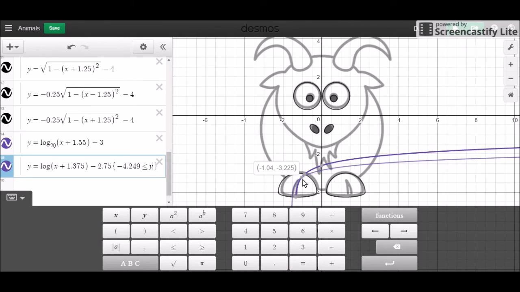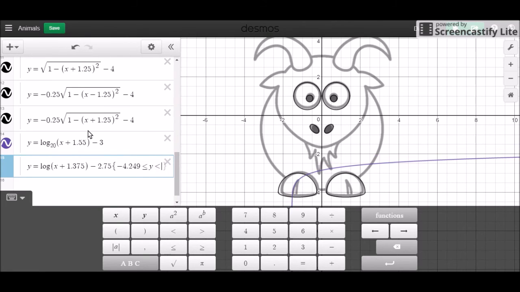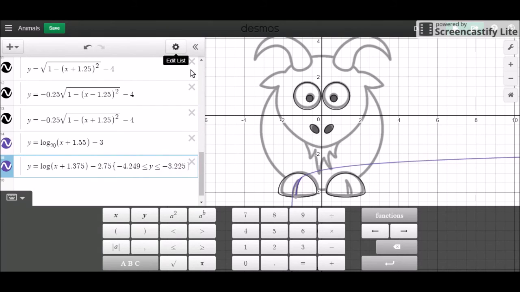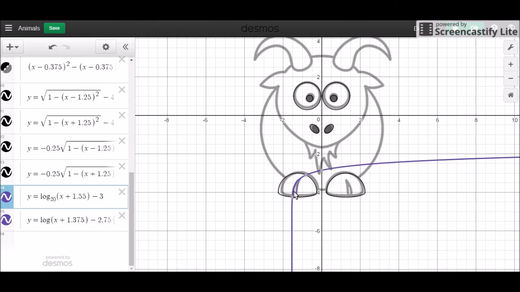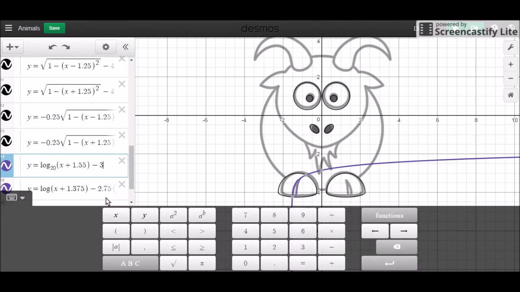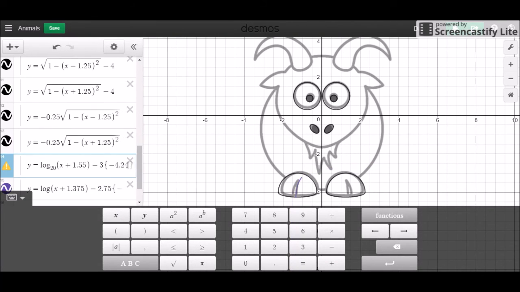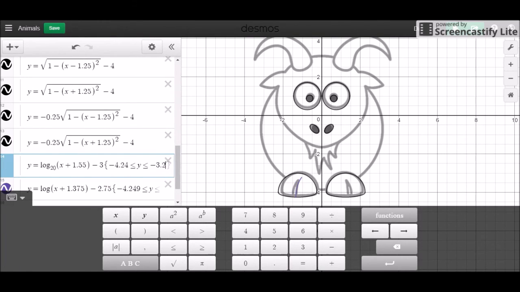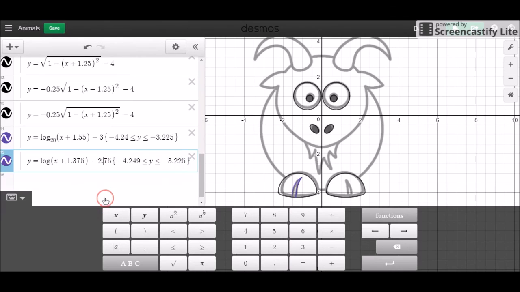This is negative 3.225. And the lower bound, this one is negative 4.24. And the intersection point is going to be the same.